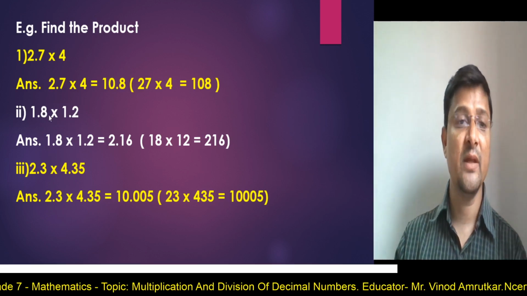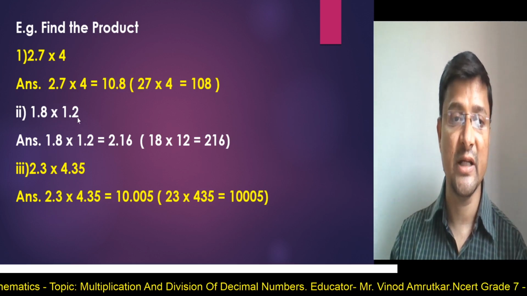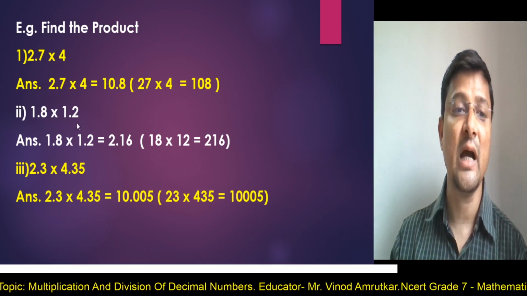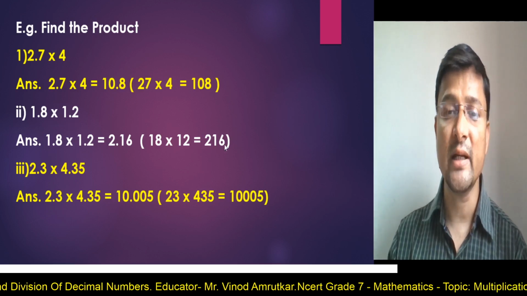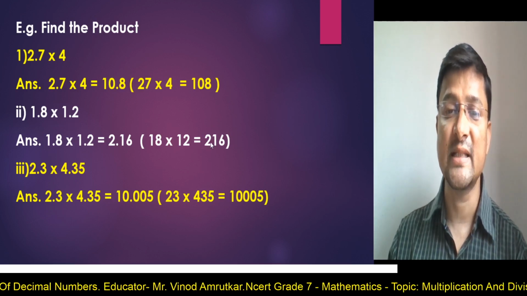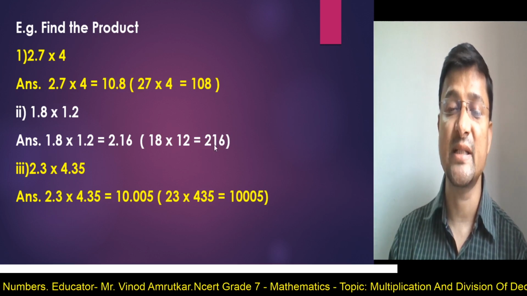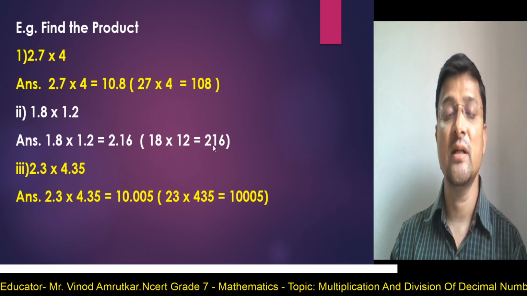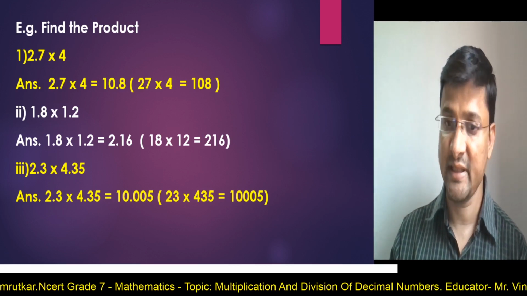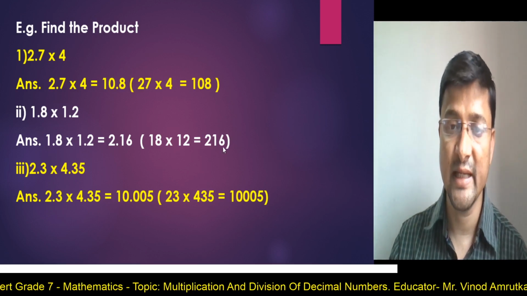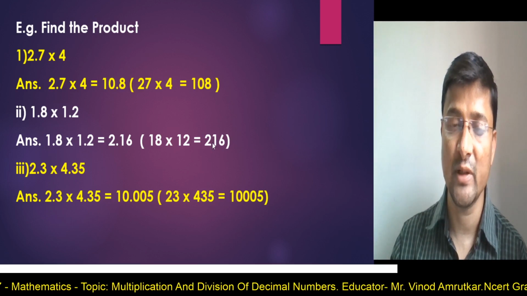So here one digit and here one digit, that means total there are two digits. So here in the answer we put the decimal point two digits before. Two digits before, that means we move from the right side to the left side. That means here we move 6, 1, and now here we put the decimal point.